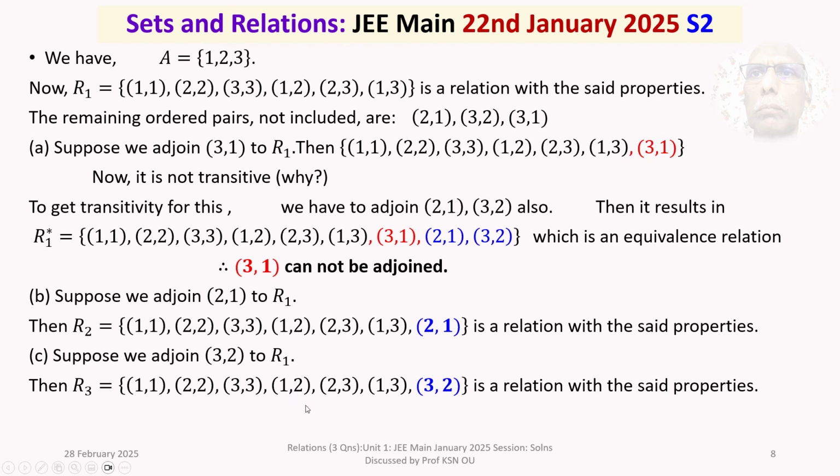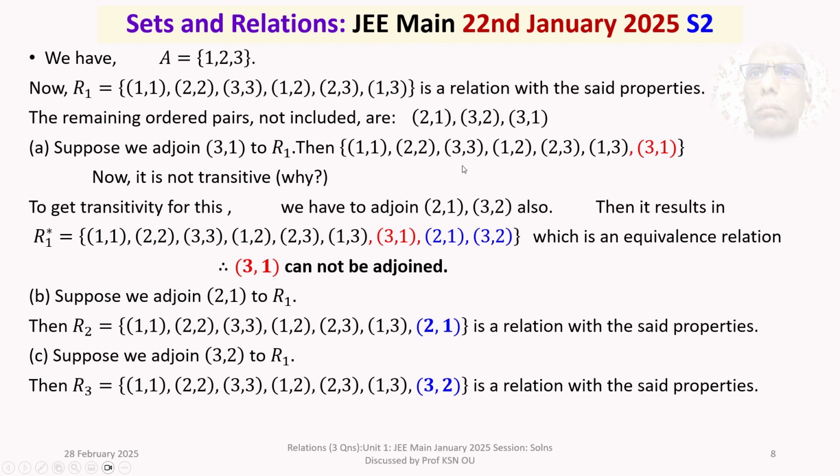When (a,b) is there, (b,a) should also be there for all (a,b). Whenever (a,b) belongs to R, (b,a) should belong to R. So (1,2) belongs to R, (2,1) belongs to R is not true. Therefore, it's not symmetric. So R3 is a relation which is reflexive, transitive, but not symmetric. This is a relation with the said properties.